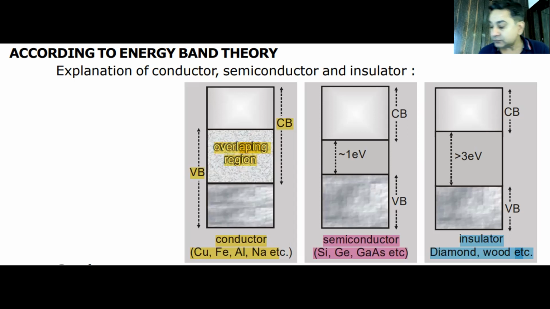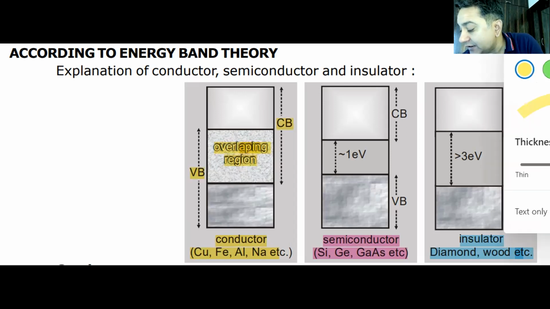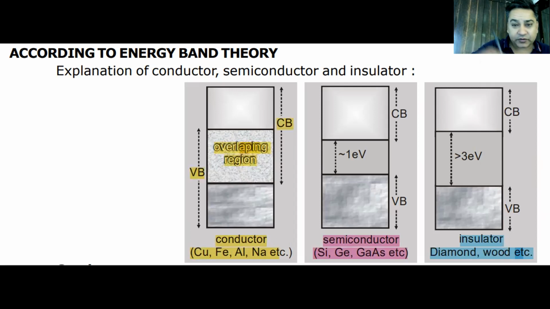Moving on to the next category, which is the semiconductor, which is the topic for this chapter. You can see that there is an energy difference of almost 1 to 1.3 electron volt. Valence band is lower, conduction band is upper. We will need at least approximately 1 electron volt of energy to make an electron jump from the valence band to the conduction band. We understand this?